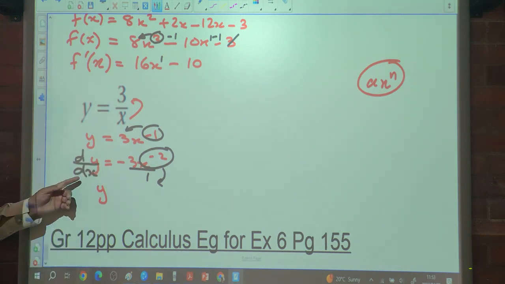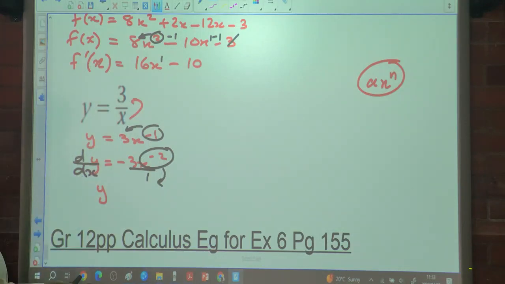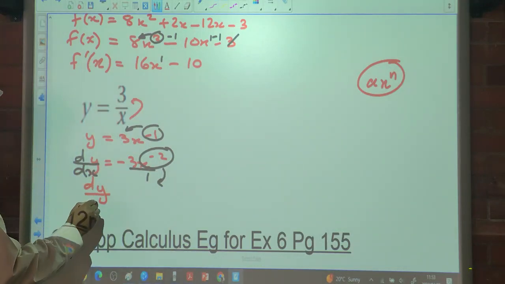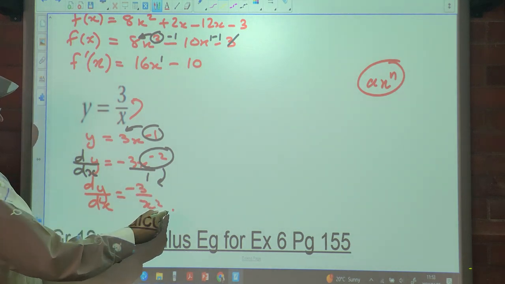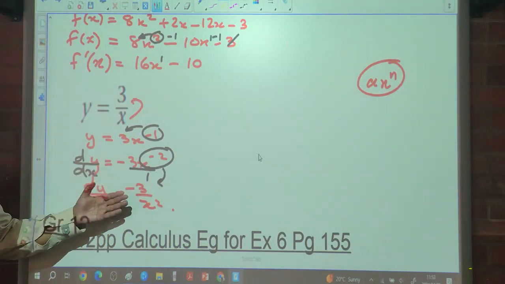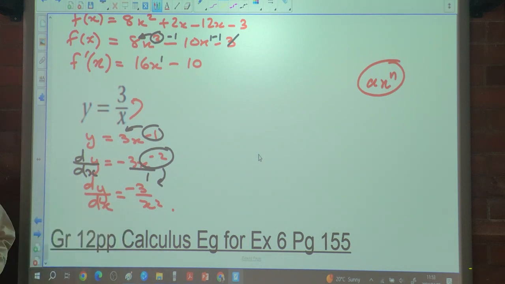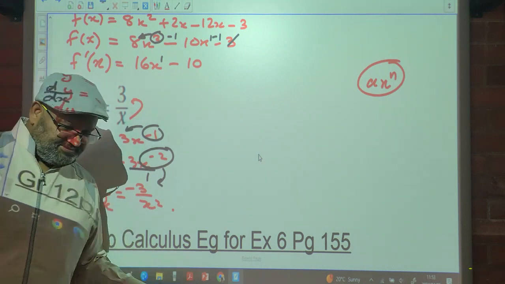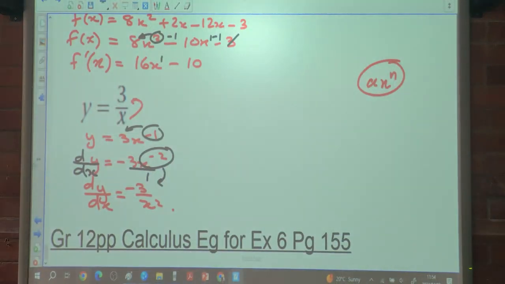That is dy over dx is equal to negative 3 over x squared. Just in case the question says, write your answer with positive exponents, that's what you do. Okay? Any confusion there?